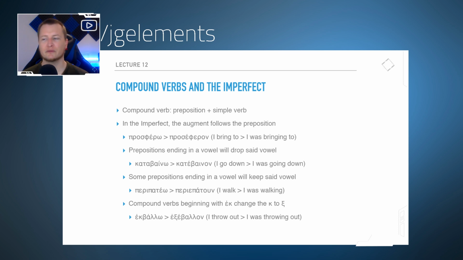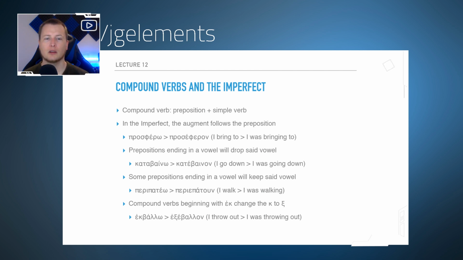Now, what about compound verbs? How does that work with the imperfect? Well, a compound verb, what is it? It's a preposition plus a simple verb, right? So in the imperfect, where do you put the augment? It follows the preposition. So look at prosphero. Phero is I bring, prosphero is I bring to.